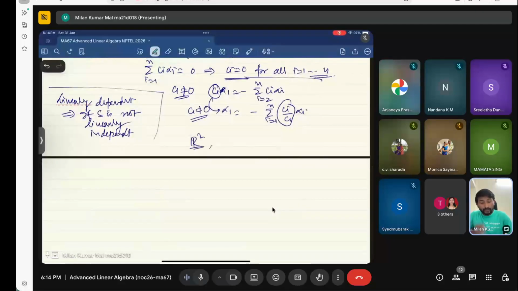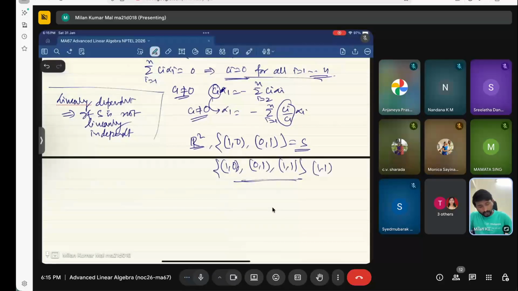If we take the two elements 1 comma 0 and 0 comma 1 as the set S, this set is linearly independent, because you can't write one in terms of the other. But if you take 1 comma 0, 0 comma 1 and 1 comma 1, this is linearly dependent, because 1 comma 1 can be written in terms of the other terms. So this is linearly dependent and linearly independent.